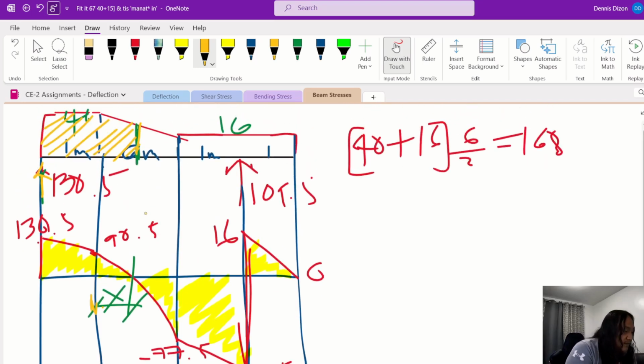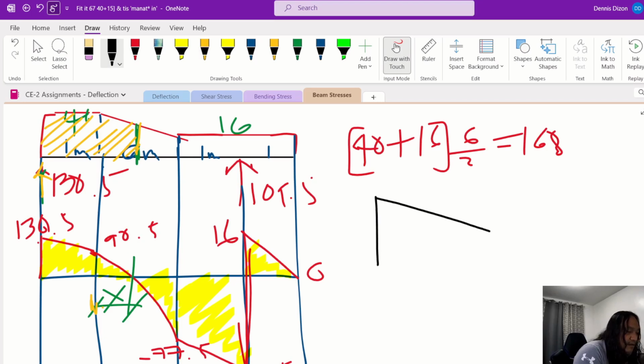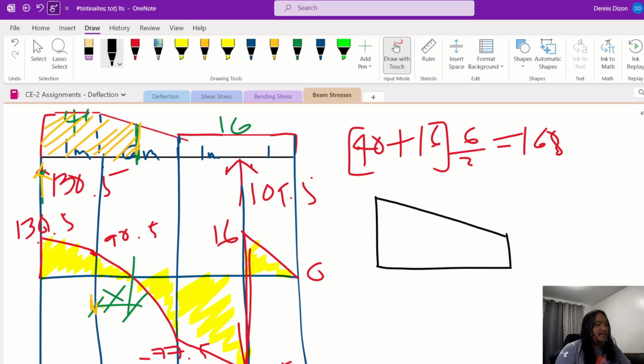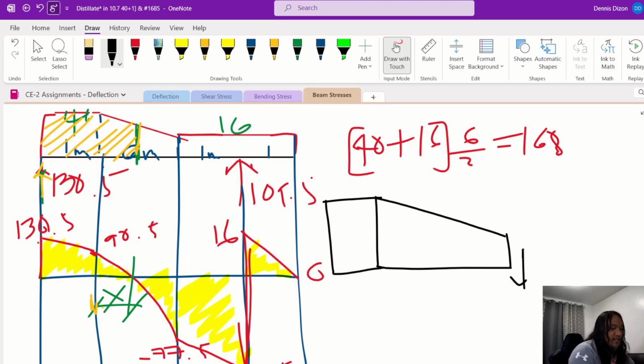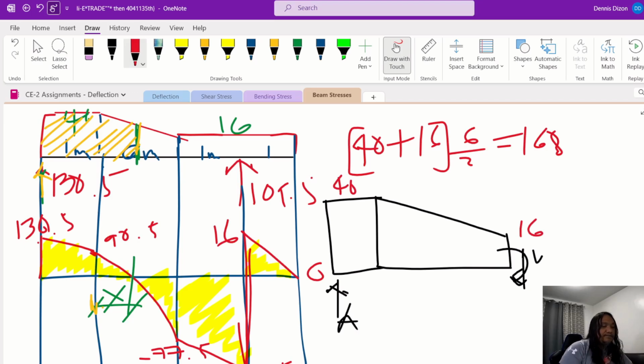We will just draw the portion where the shear is. If you cut a section and then you have your moment there, and this is your reaction at A, right? And then this is your load, which is 40, and then this is 16.